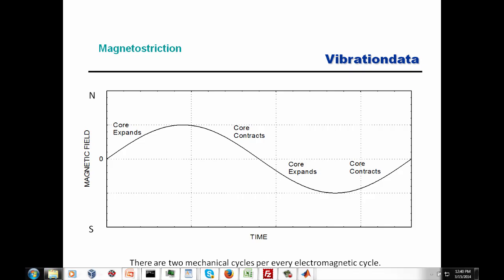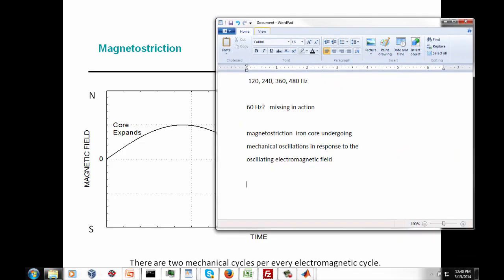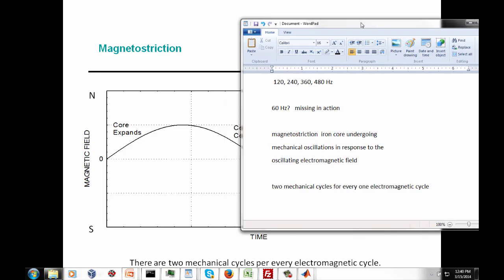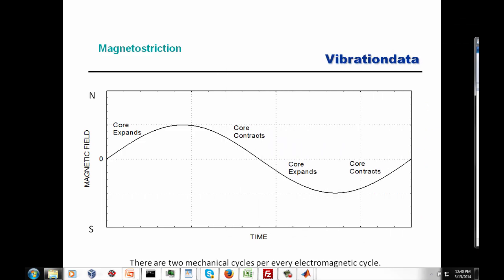So what this is saying is that there are two mechanical cycles for every one electromagnetic cycle. So 2 mechanical cycles for every 1 electromagnetic cycle, and that's called magnetostriction.